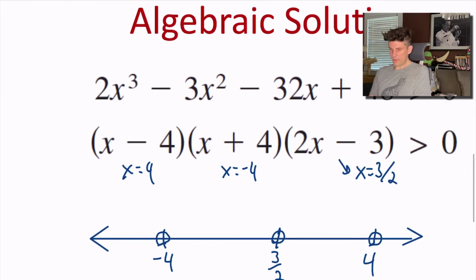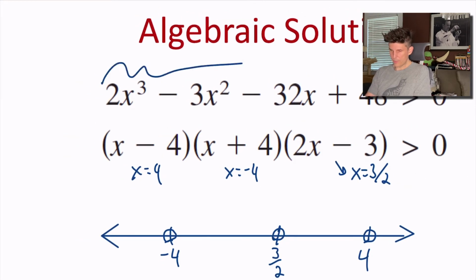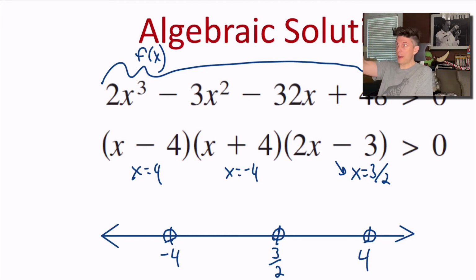So you can think of this function also as f of x. So we want to know, when is f of x greater than 0? Well, because x-intercepts are opportunities for the function to go from being positive to negative, it has to cross through. If you're above the x-axis and then you're below the x-axis and it's a continuous graph, it must go through 0 to become negative.